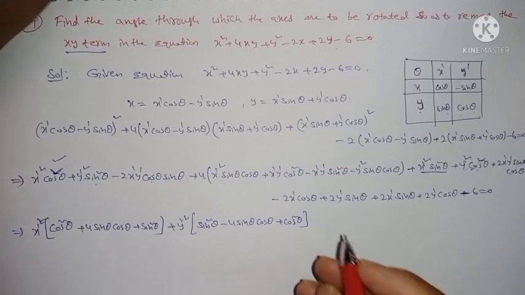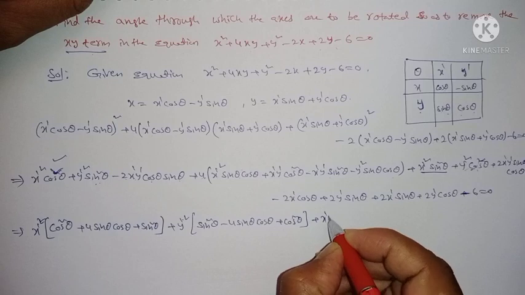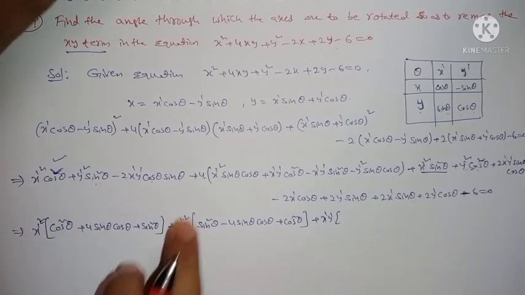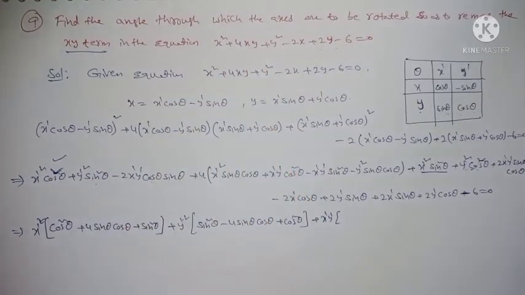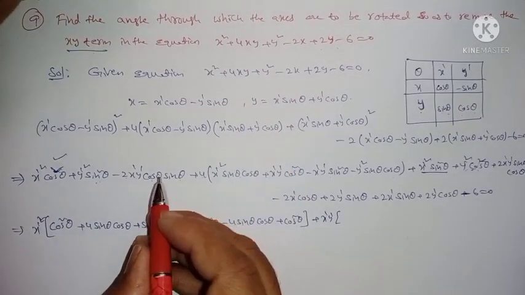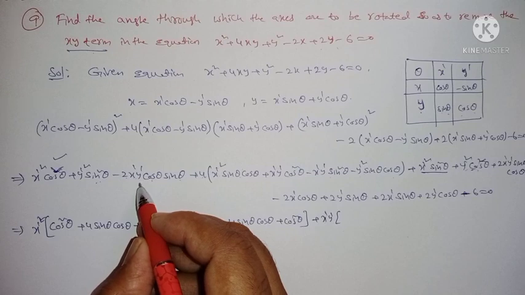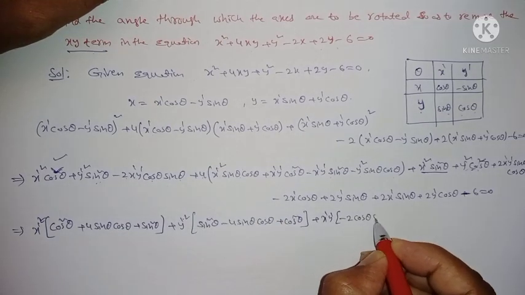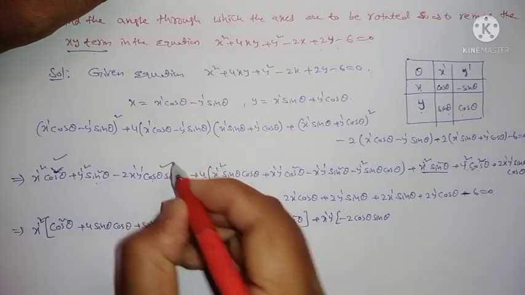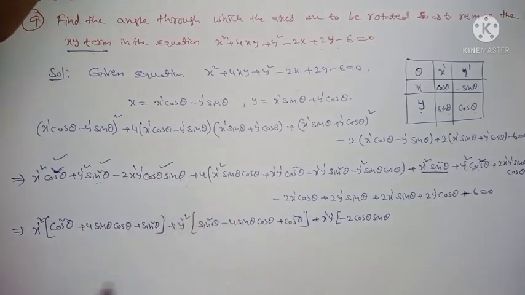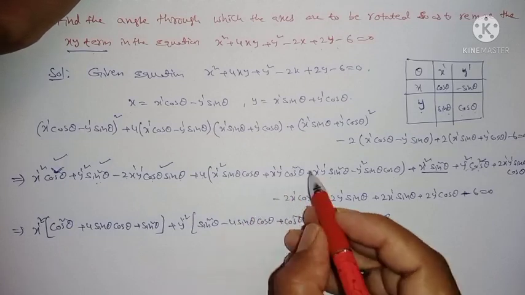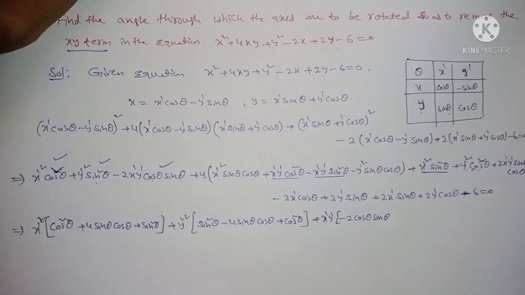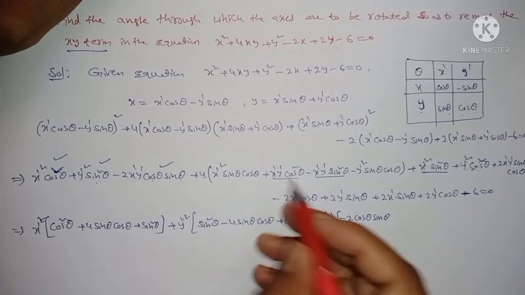And we want here again the x dash and y dash term. X dash whole square is completed, y dash whole square is completed. Next is the x dash y dash term, which is minus 2 cos theta sin theta first. This is over, and in these two terms you take x dash y dash common.